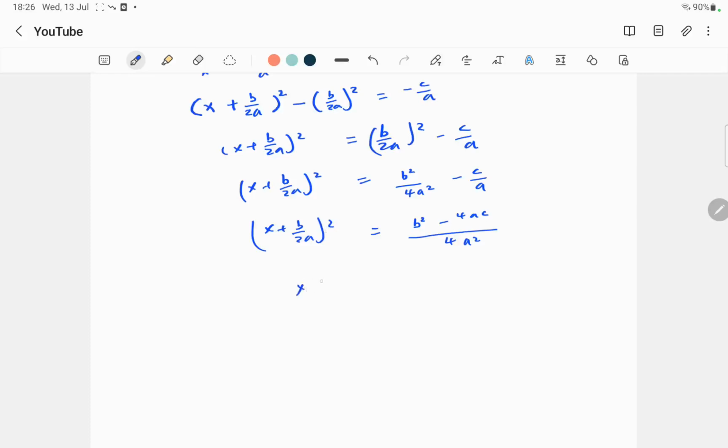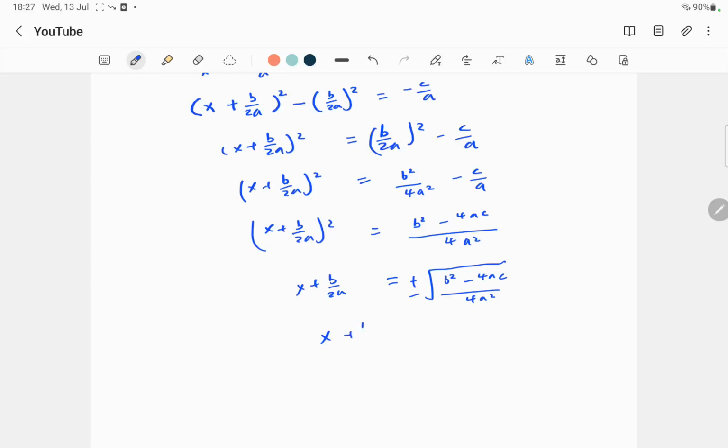How are we going to do it? We are going to square root both sides, the left hand side and the right hand side. So here you get the square root of b squared minus 4ac over 4a squared. Remember when you do the square root, you need to put a plus minus sign.